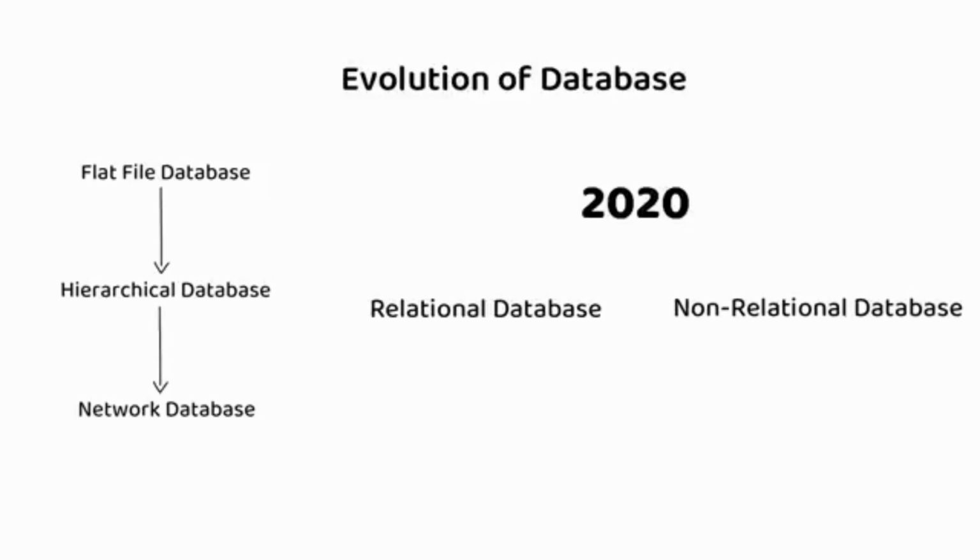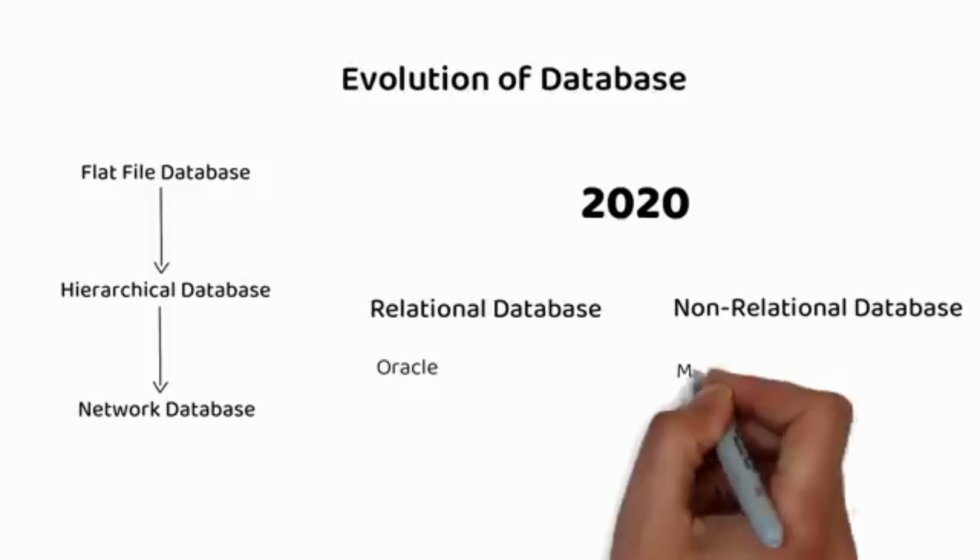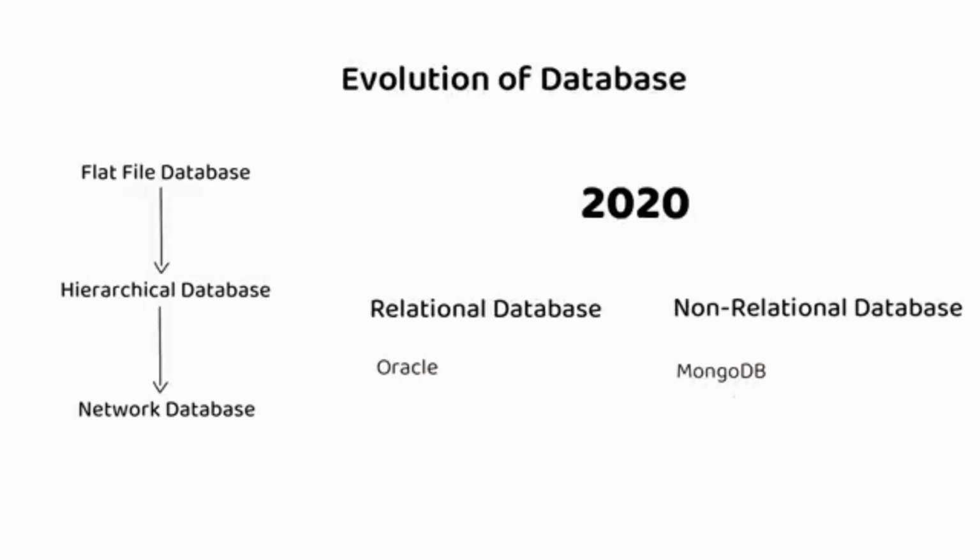However, the biggest companies today who store data related to millions of users every day generally use a combination of both relational and non-relational database. Hence, both these database types are very popular and widely used. Oracle is the most widely used relational database, whereas MongoDB is the most widely used non-relational database. Let's briefly look at each of these database types.